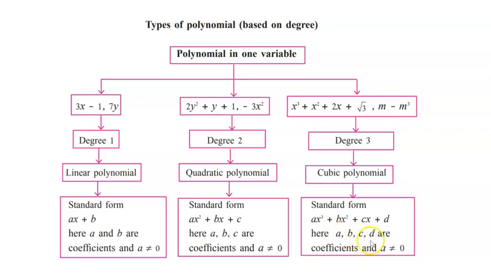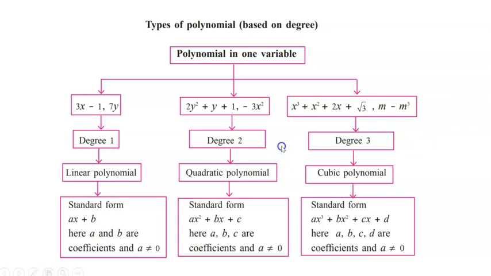Here a, b, c, d are coefficients and a is not equal to 0. Okay. Yes, all these polynomials are in one variable. म्हणजे इथे एकच व्हेरिएबल वापरलाय. इथे x आहे, इथे y आहे, इथे y, इथे x आहे. And here we are using x as a variable and here m is the variable.